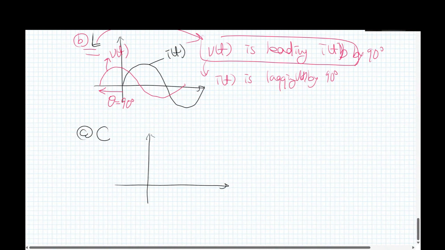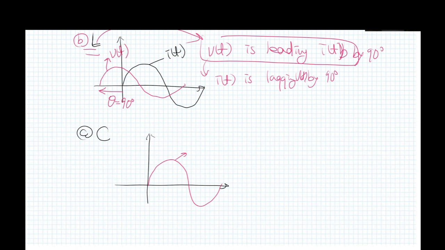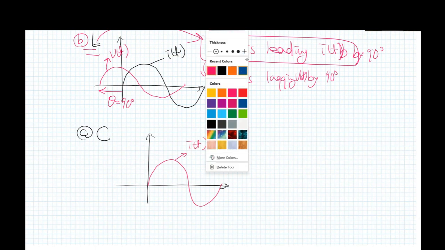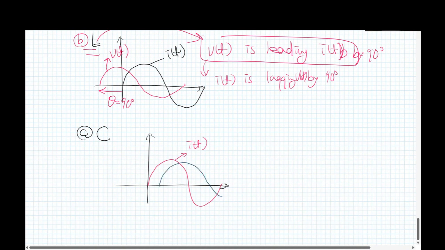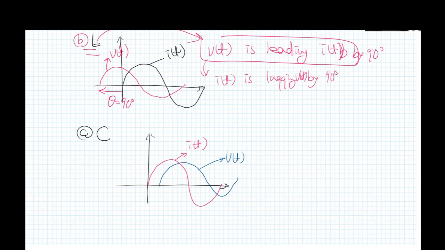This one here. That is i of t. And let's see, that is v of t. Okay.